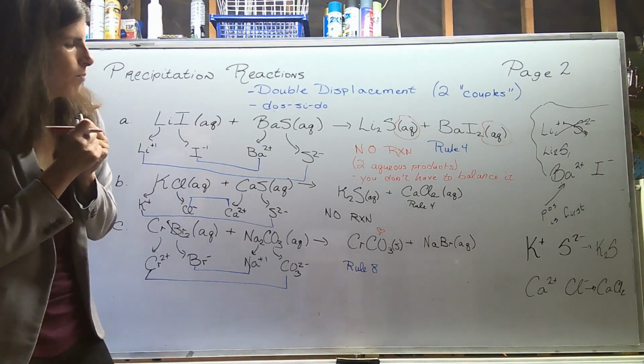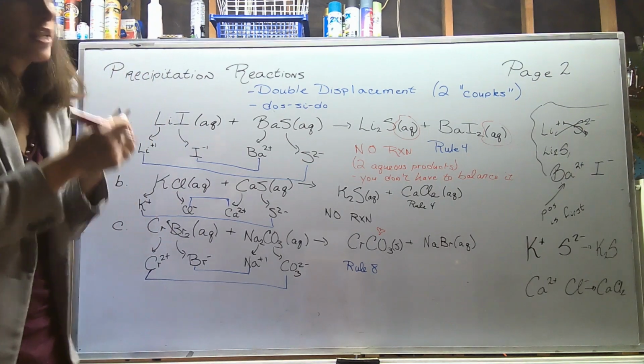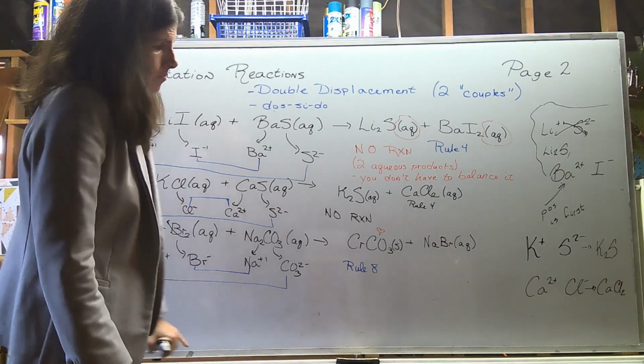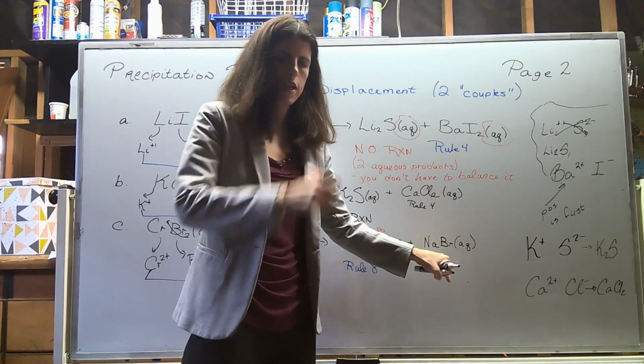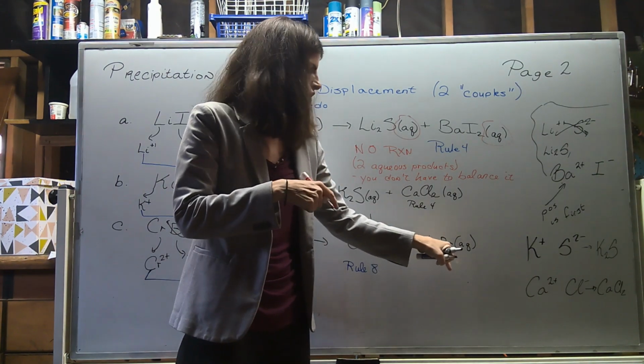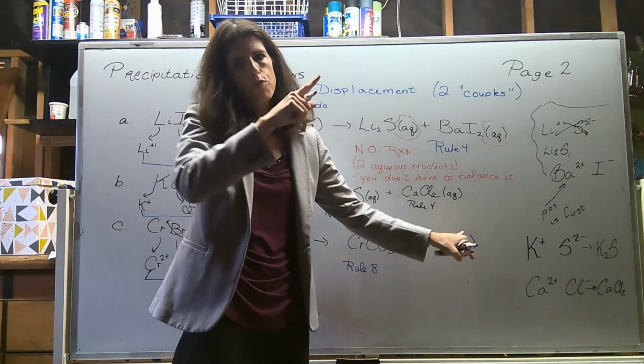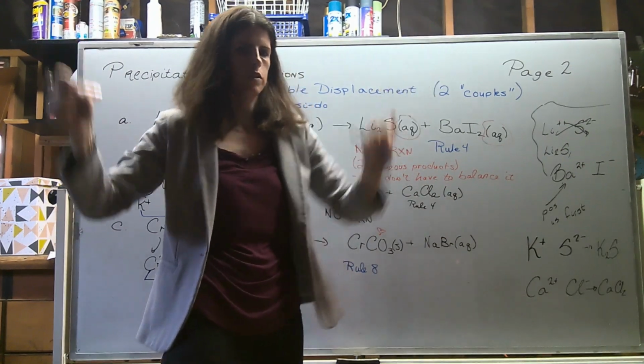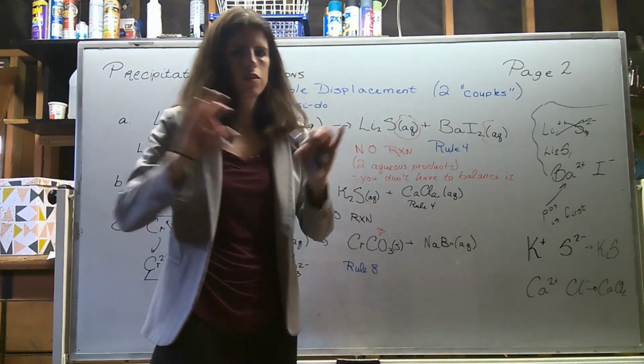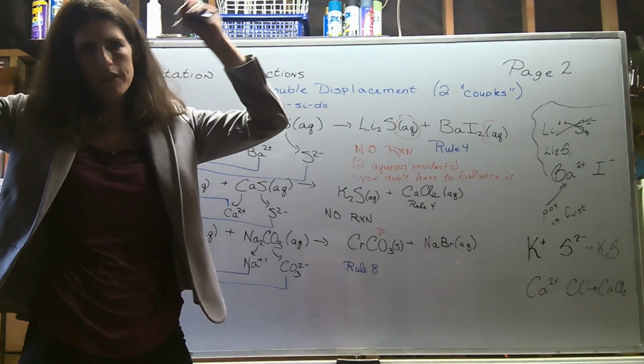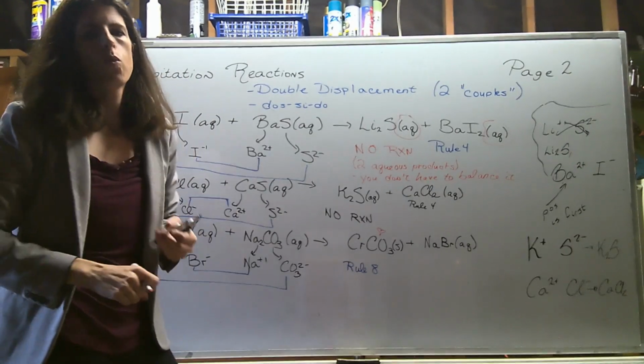So it's like one of those couples that's madly in love and won't separate from one another. These guys, not so much. So in the solution that's in the beaker, we're still going to have sodium ions and bromide ions floating around separately. When they're aqueous, they're not in love and they're just willing to separate in water into ions.